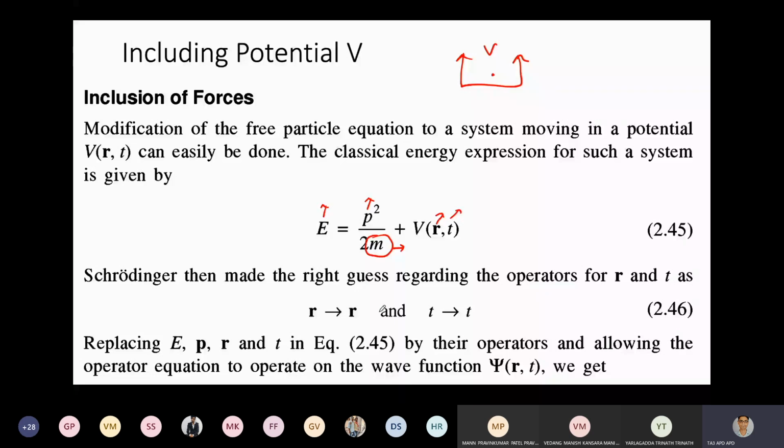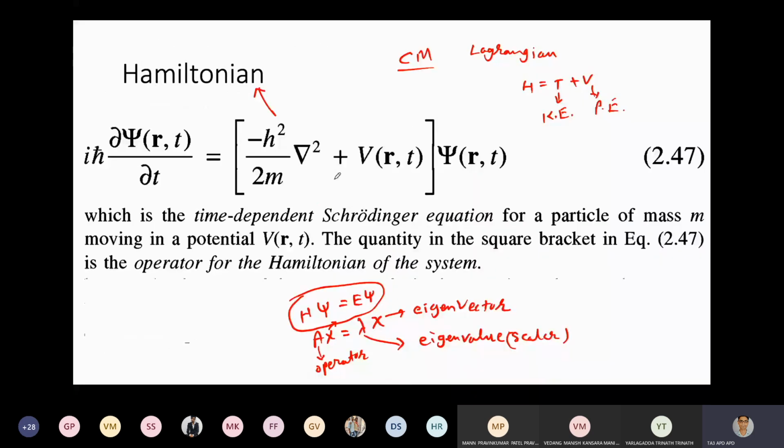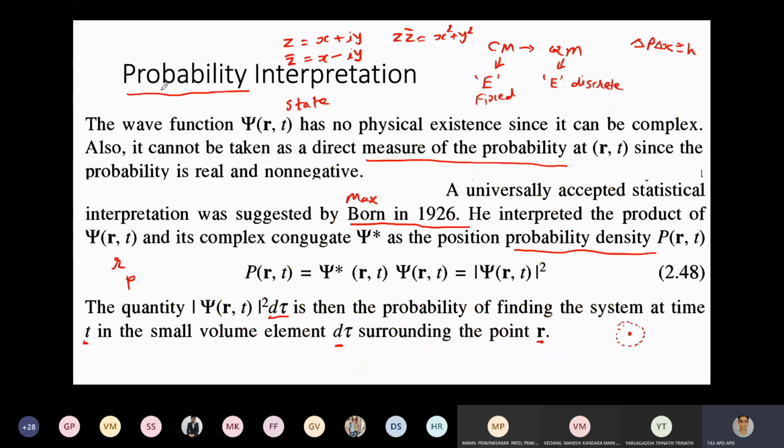Then one would obtain this generalized version of your Schrodinger equation, time-dependent Schrodinger equation, where we also learn the concept of the Hamiltonian.